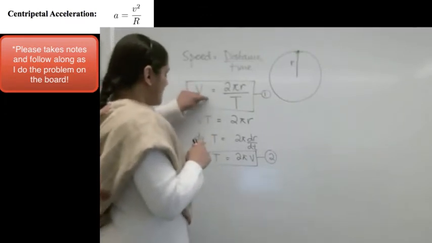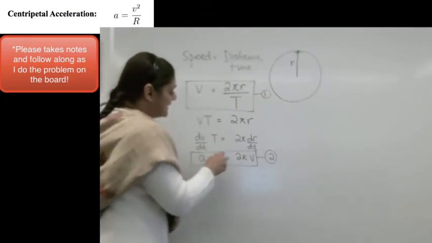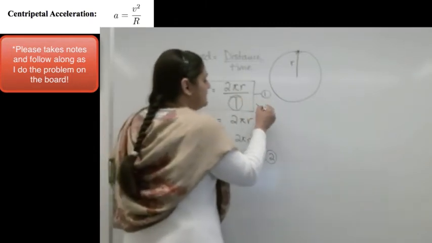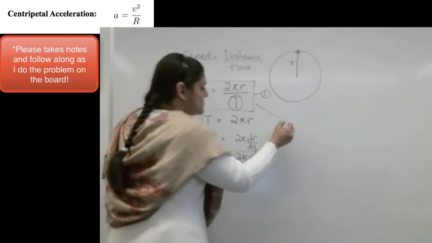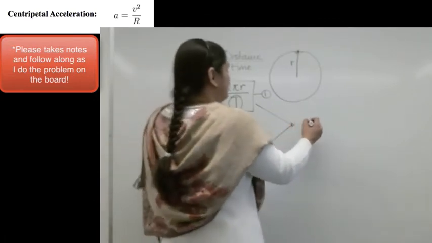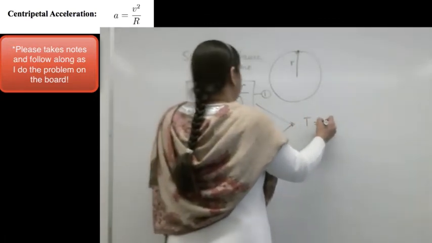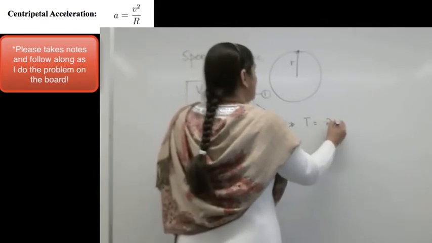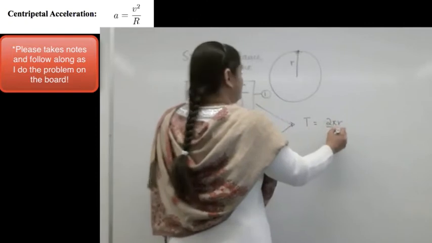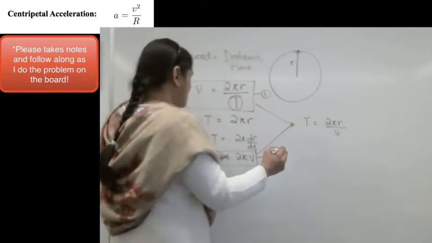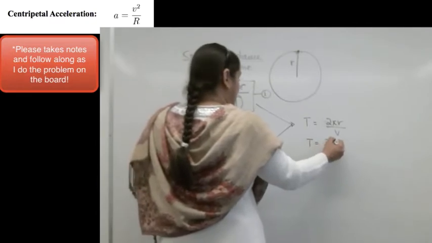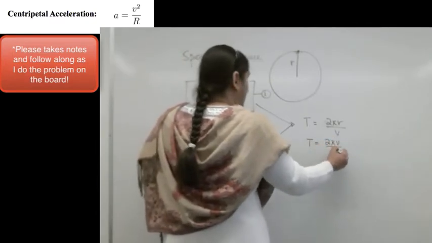And from expression 1 and expression 2, I can find what T is, right? So if I rewrite these two expressions, I can rewrite T equals 2 pi r over v from this equation. And from this one, I can rewrite T equals 2 pi v over a.